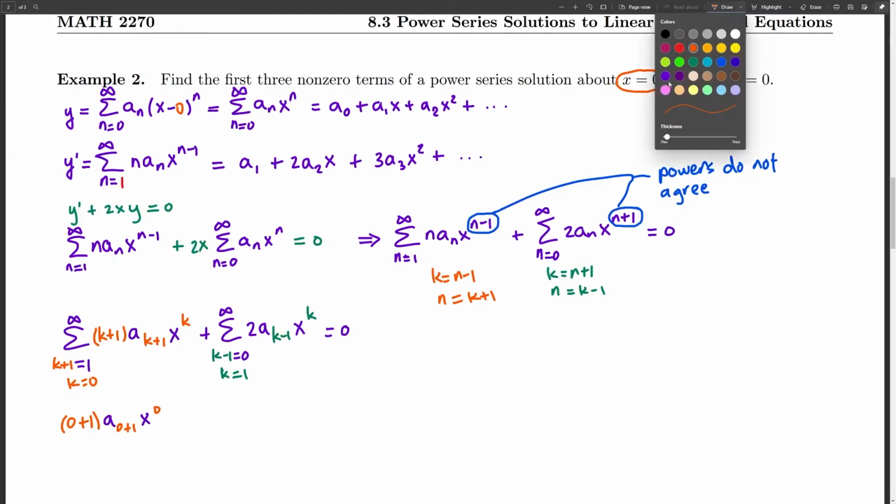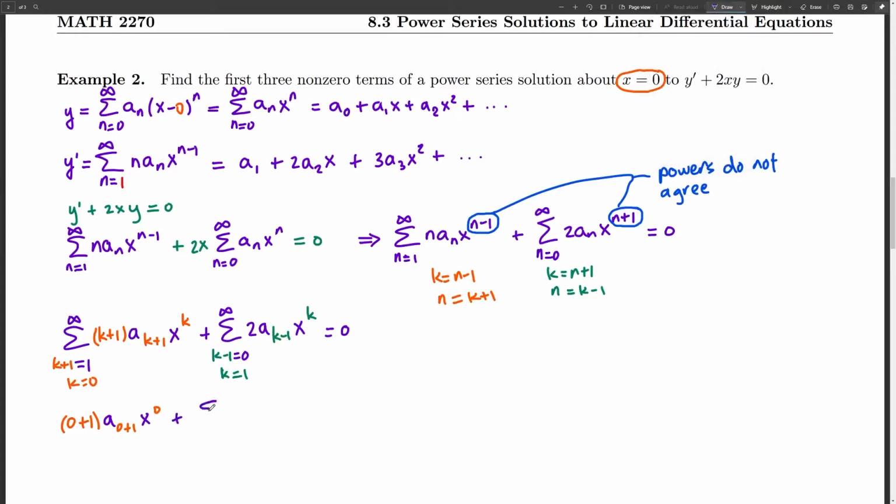And then we have the sum from k equals 1. We took care of k equals 0 right here. So k equals 1 to infinity of k plus 1 times a sub k plus 1 times x to the power k.